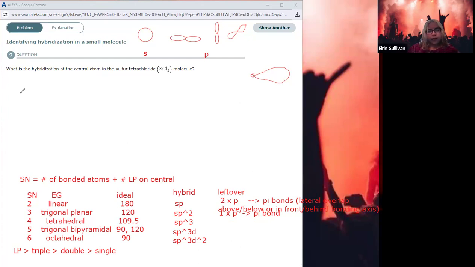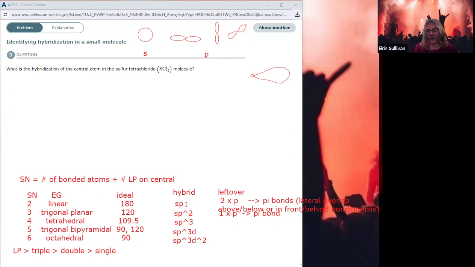So the quick and easy way to relate your electron group geometry to the hybridization scheme is just add together the indices, or the powers, in your hybridization scheme. Remember, you start at s until you've used up all the s orbitals, then p, and then you have to add d's if necessary. A steric number of 2: those hybrid indices should add up to 2.